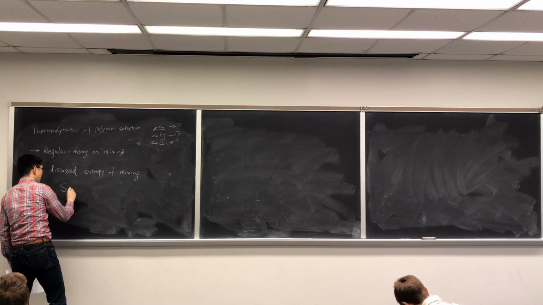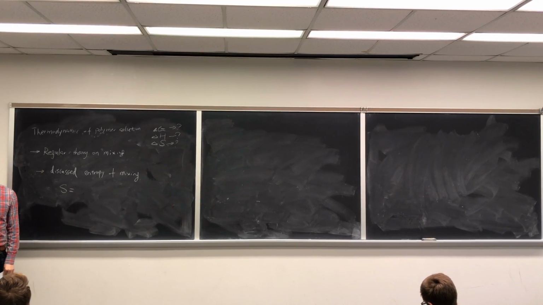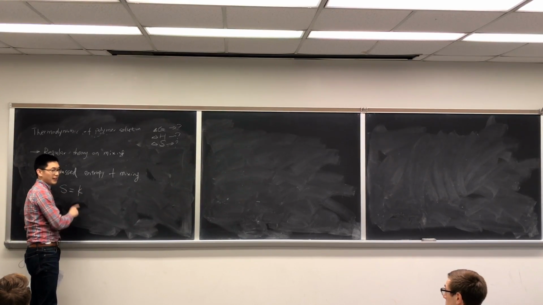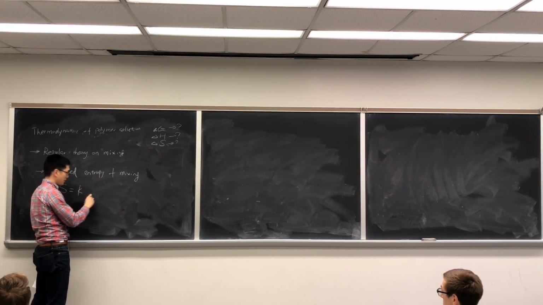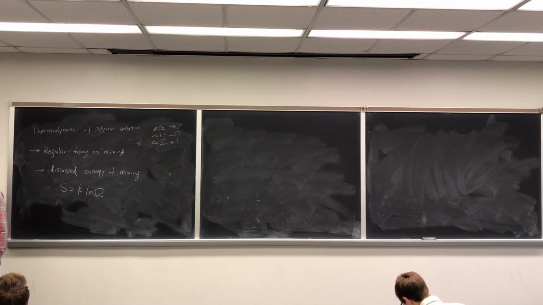So, we actually played a little bit with statistics. We discussed that S equals k ln Ω, where k is the Boltzmann constant and Ω is the number of ways you can place your molecules in the lattice. That's what we talked about at the beginning.